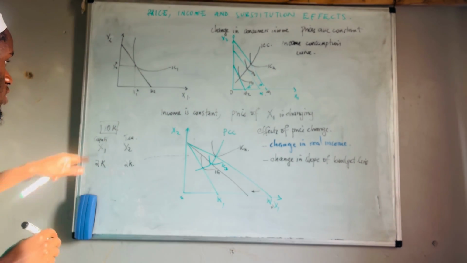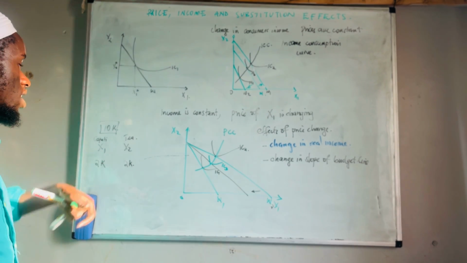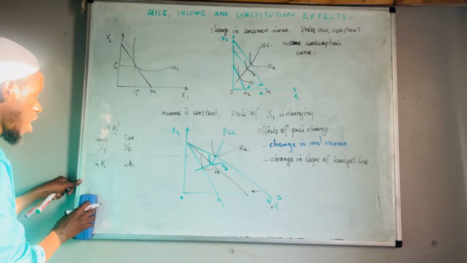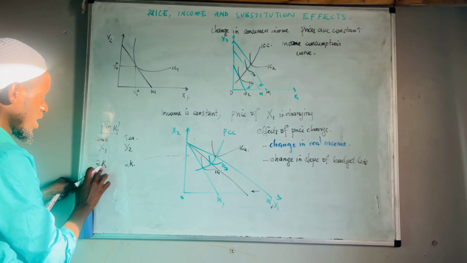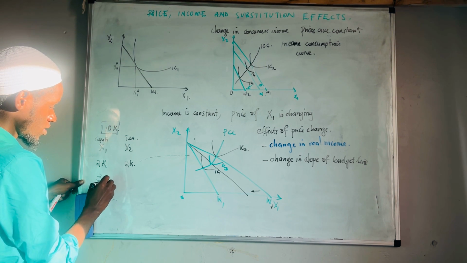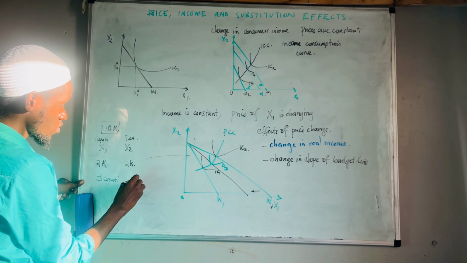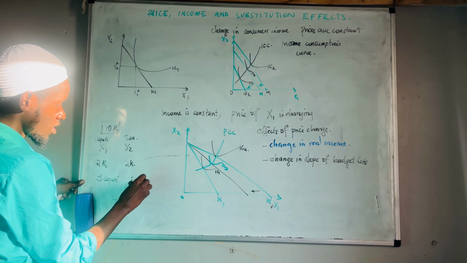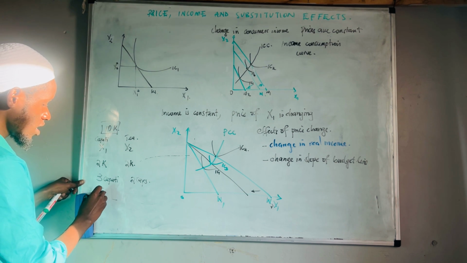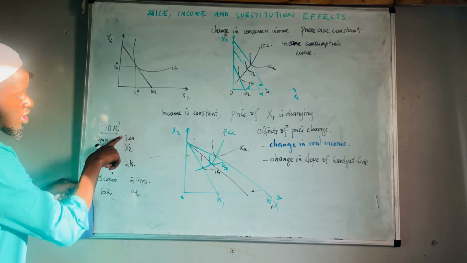If one chapati costs 2K, and one cup of tea costs 2K, we are able to consume, say, 3 chapatis and 2 cups of tea. This means that you spend 6K on chapati and you spend 4K on tea.